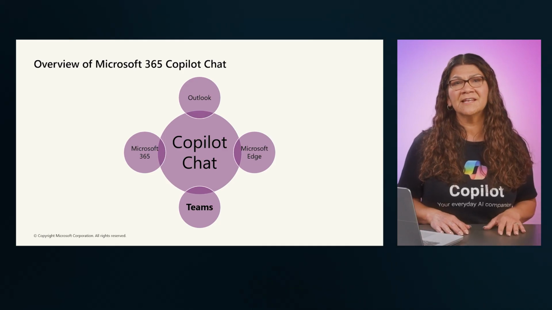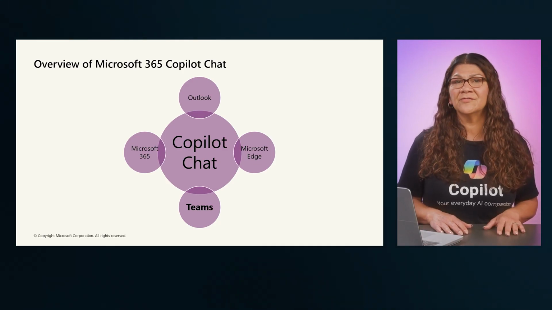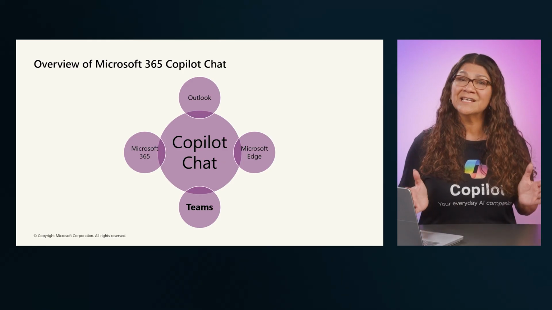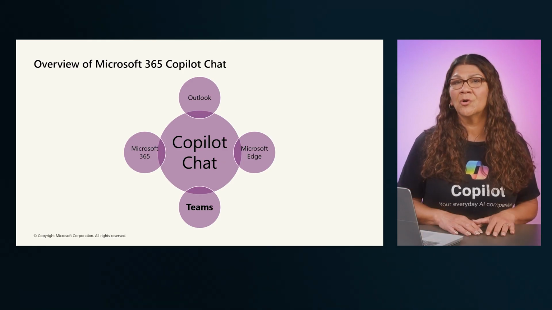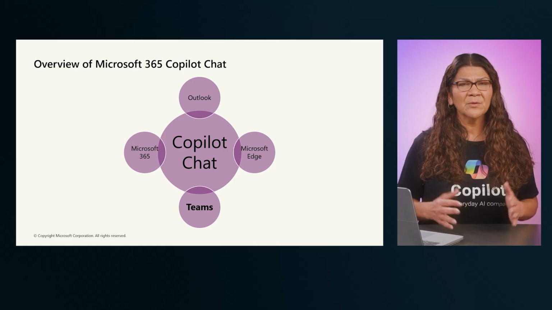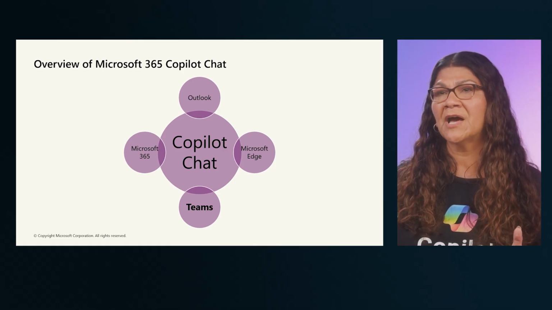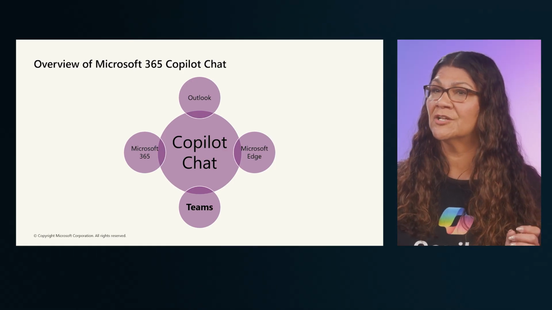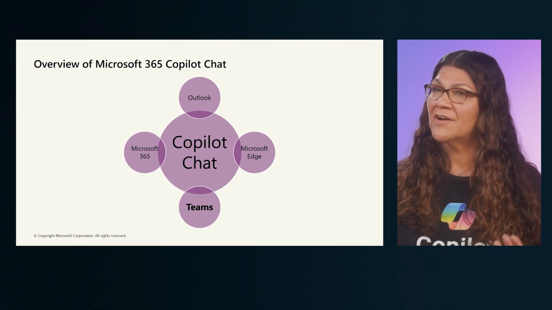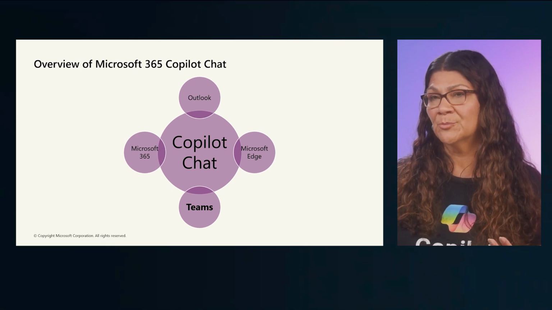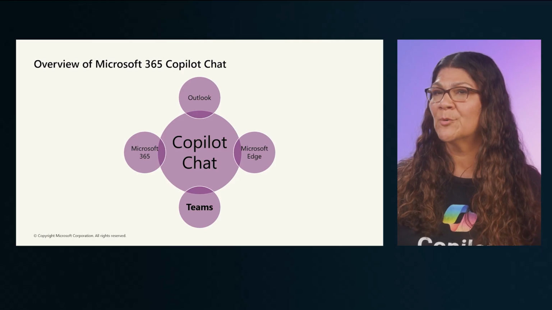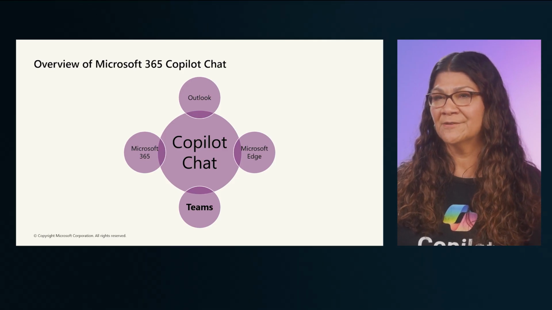Copilot helps you to stay connected, creative, and efficient by interacting seamlessly with the information you already work with every day. Best practice here is to treat Copilot Chat as your conversational command center. Ask follow-up questions, refine your prompts, and let it accelerate your work with clarity and confidence.